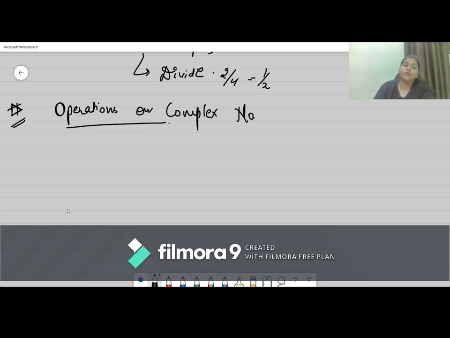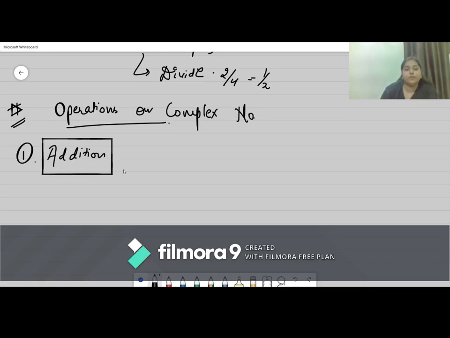So what are the various operations that can be performed on complex number? सबसे पहले we'll see the most basic operation, which is addition. Suppose दो complex numbers, we have two complex numbers.